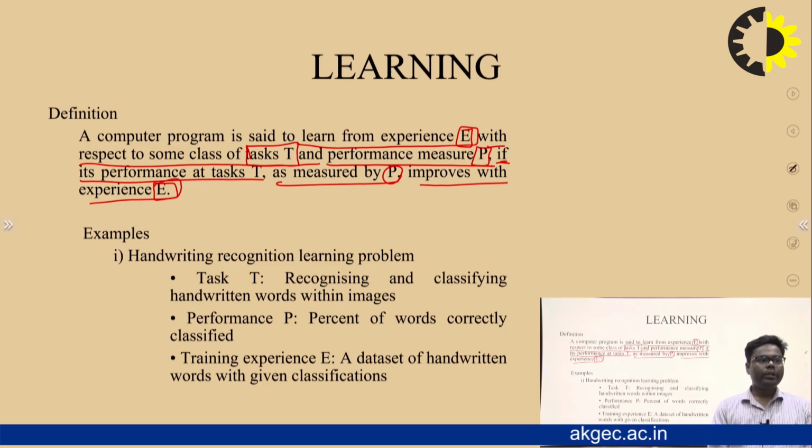The experience E is a dataset of handwritten words with given classifications. So for the students, in the handwriting recognition learning problem, the task T is given, the performance P is given, and the experience E is gained.